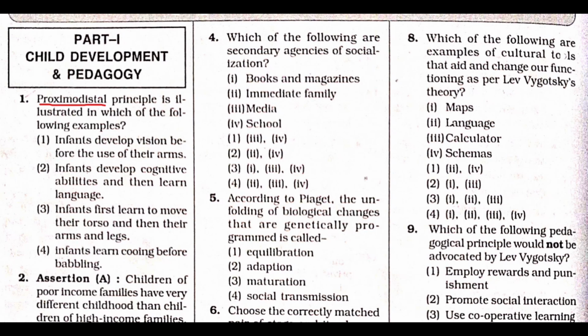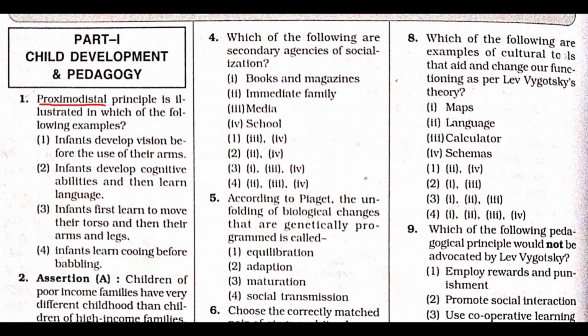It starts from the center towards the outwards, and it describes the direction of growth and development. An example is that infants gain control first over their torso and arms and then their hands and fingers.